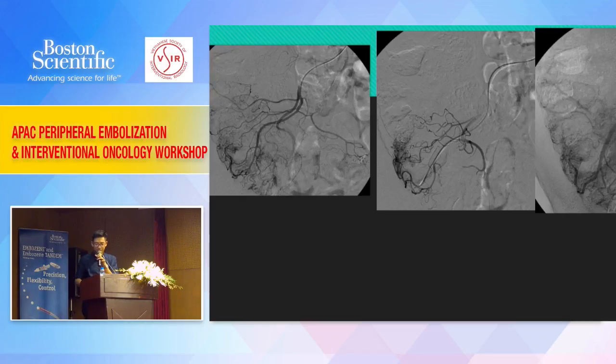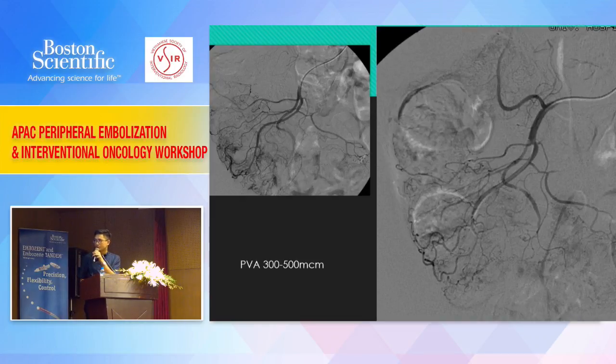The embolic material we use is PVA. We inject just a little bit, and then take the angiography, and then inject again until we don't see the draining vein, and we can stop. We can also see the sterile perfusion of the cecum, and the patient recovers.